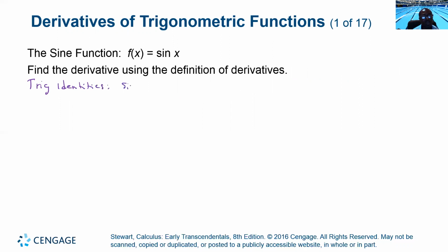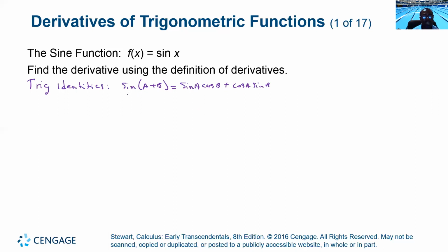If you have the sine of the sum of two angles, A plus B, this is sine A cosine B plus cosine A sine B.